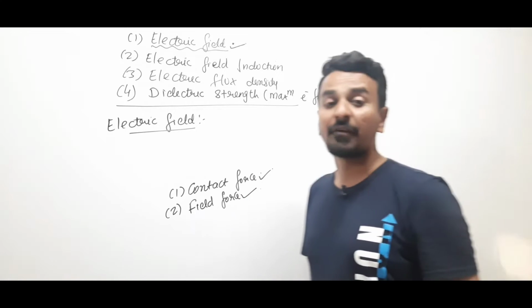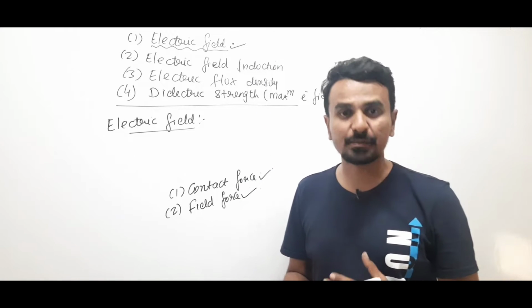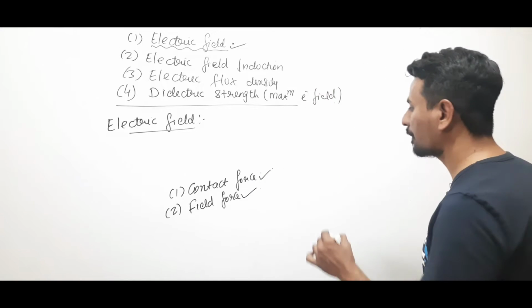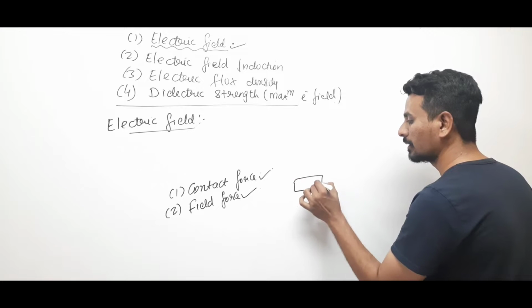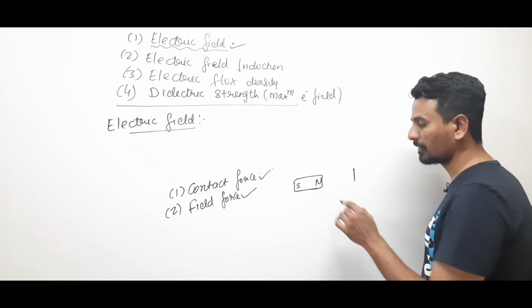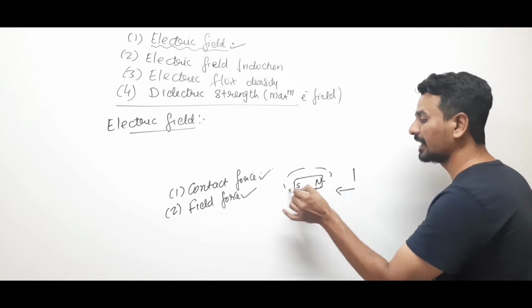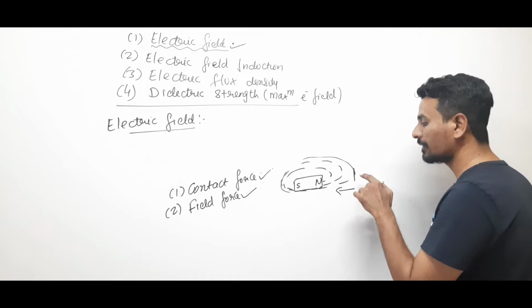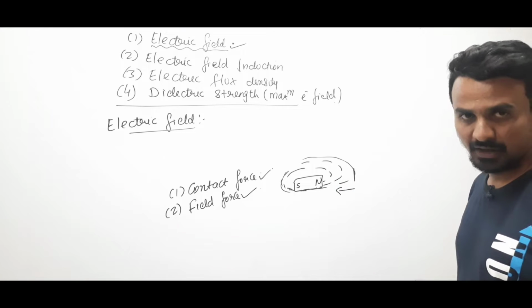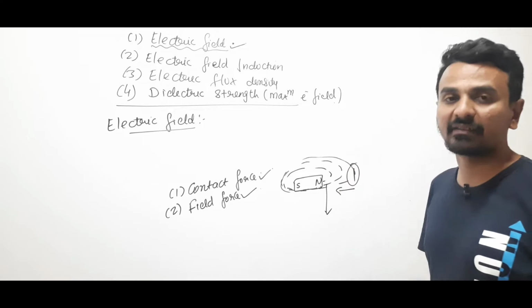Field force means an object is being displaced without any physical contact, just because of a gravitational or magnetic field. Suppose you place a magnet here and an iron rod here, the magnet will attract the iron rod because of the magnetic field. The force on this iron rod because of the magnet is field force.